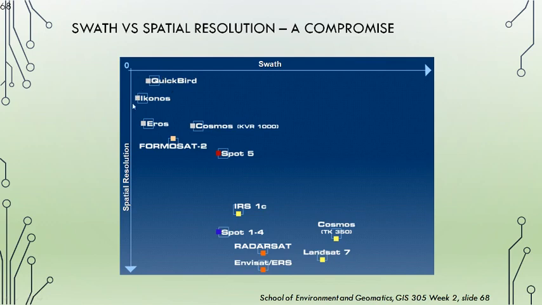A satellite such as the IKONOS satellite here will offer high spatial resolution, so small pixels on the ground, but its swath will be quite limited. I think in the IKONOS example, we're talking about 11 kilometers across. At the other end of the spectrum, we've talked about Landsat 7 imagery and how its spatial resolution is much more coarse.